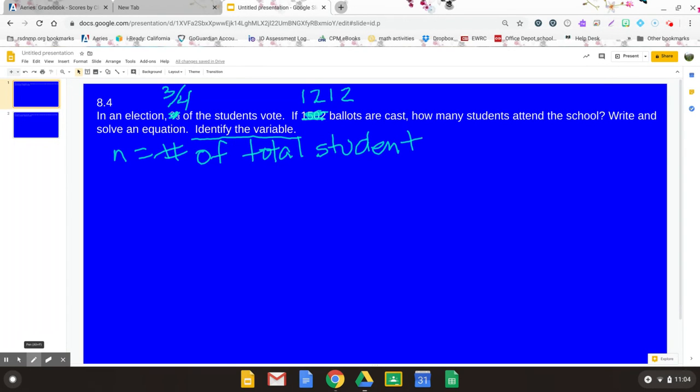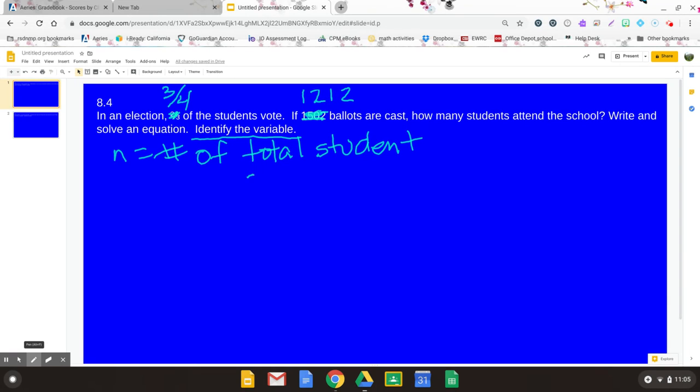So let me say that sentence again that I messed up. 1,212 students is 3/4 of how many students?